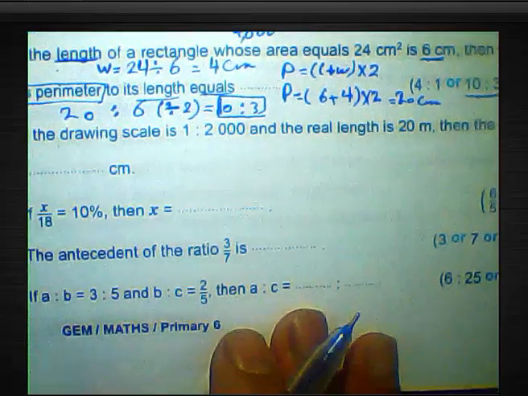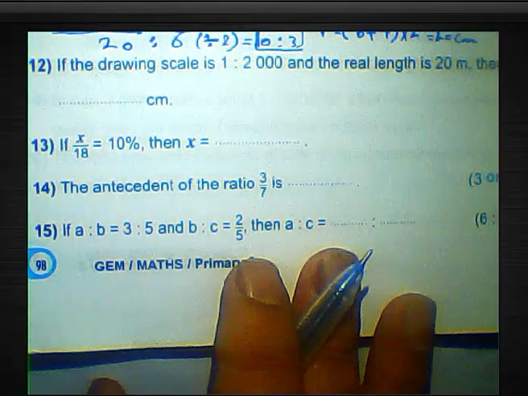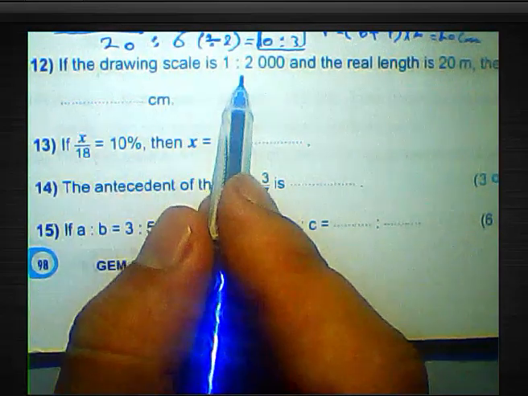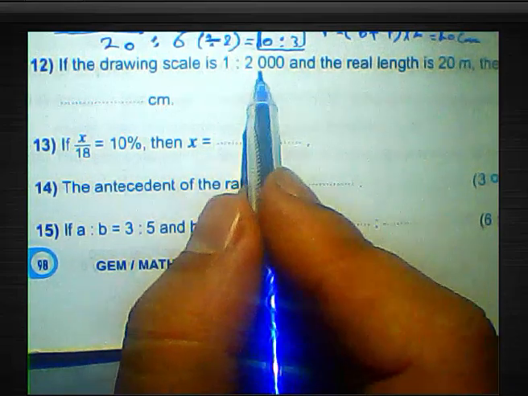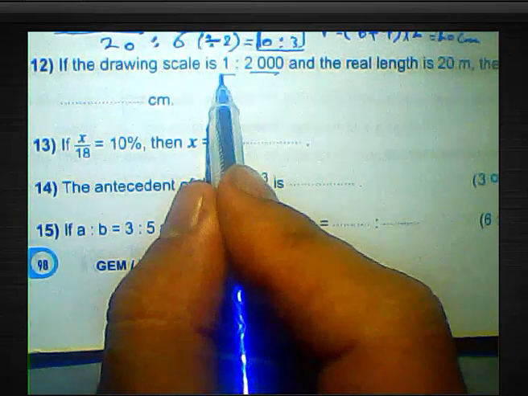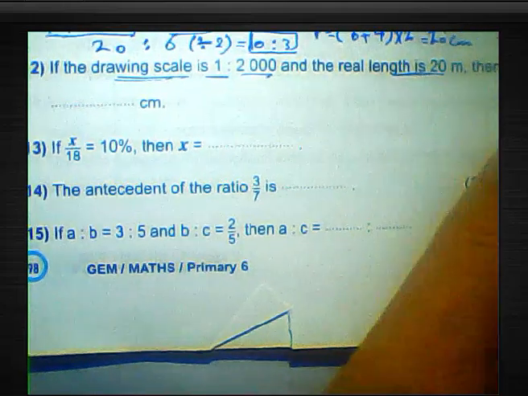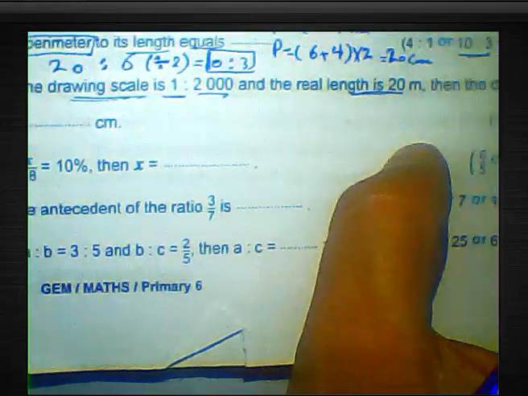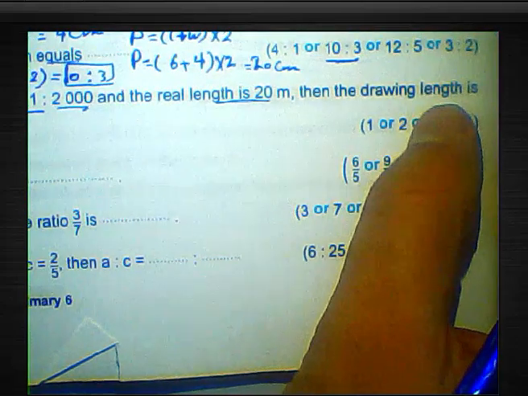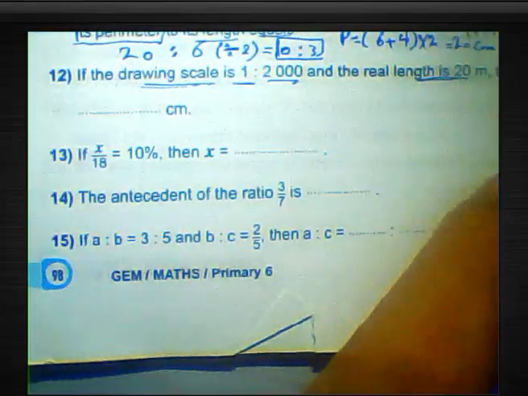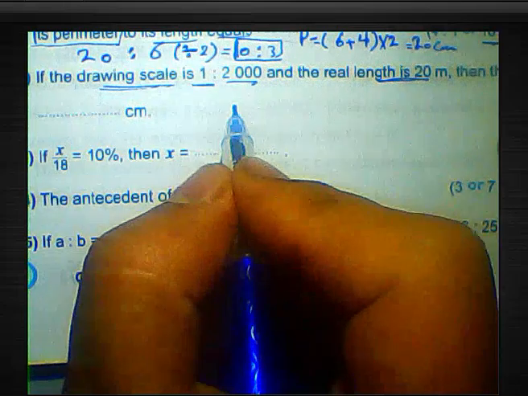Okay. Question number 12. If the drawing scale is 1 to 2000, and the real length equals 20 meters, he gave us the real length, then the drawing length equals what, in centimeters? We can solve this example by the rule.